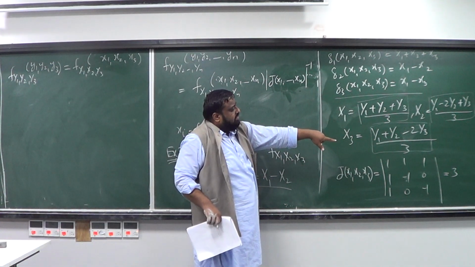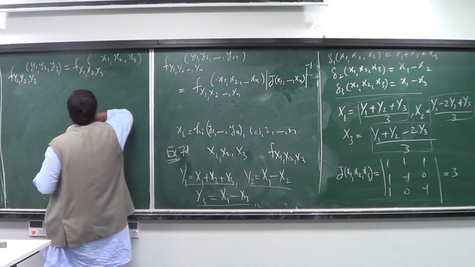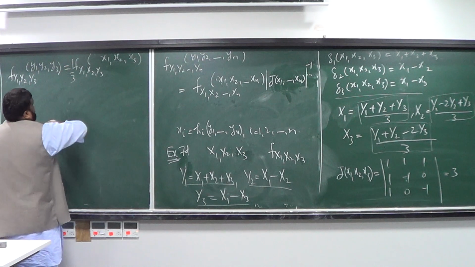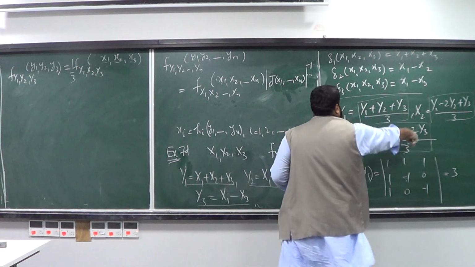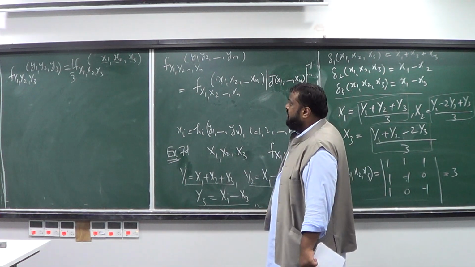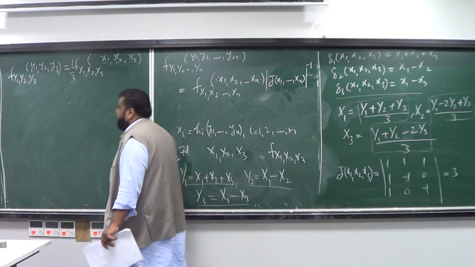So 3 is positive, so the absolute value of 3 is going to be 3, and its reciprocal is going to be 1 over 3, where these x1, x2, x3 are basically these values. So you get the generic formula. Here x1, x2, x3 can be anything.